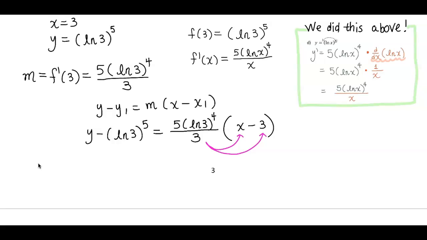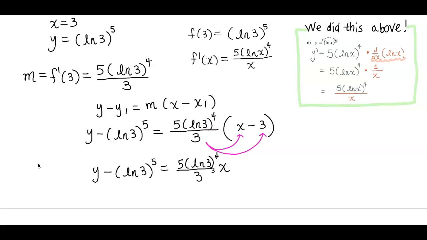Okay, and that will give me y minus natural log of 3 to the 5th power stays. And if I distribute, the slope is 5 times natural log of 3 to the 4th power over 3x. We found the slope. And then if I multiply these two, let me highlight this for you so that you can see.